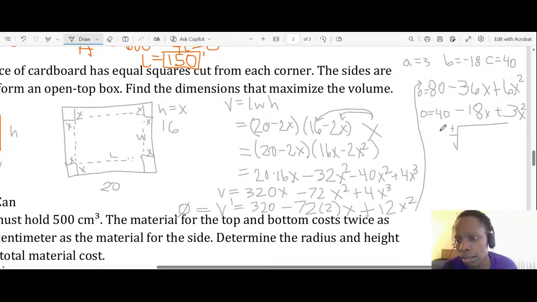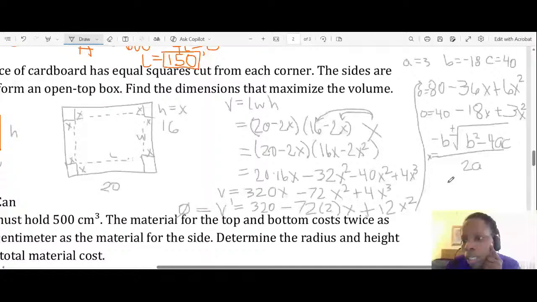Let's say the quadratic equation is minus b plus or minus the square root of b squared minus 4ac, all over 2a. Okay, that's x.